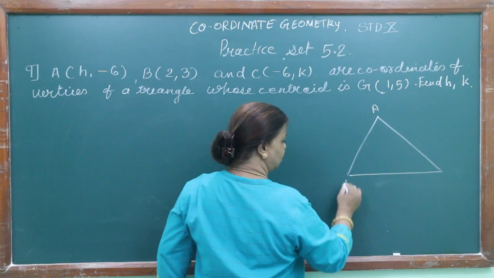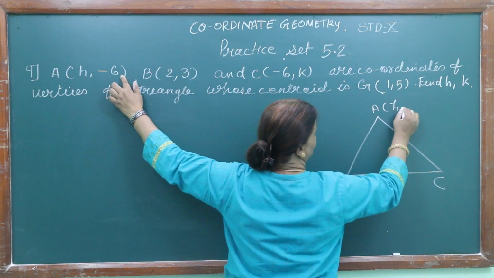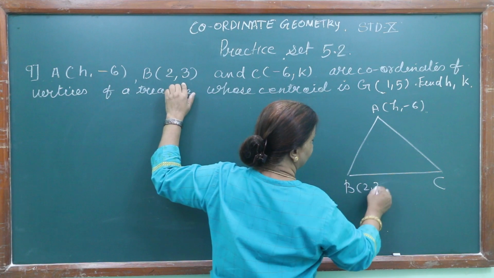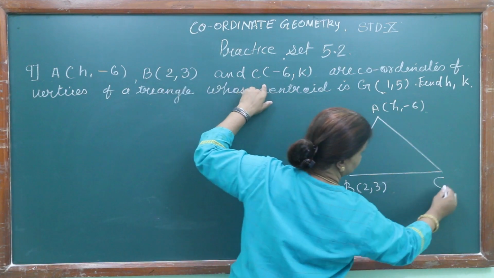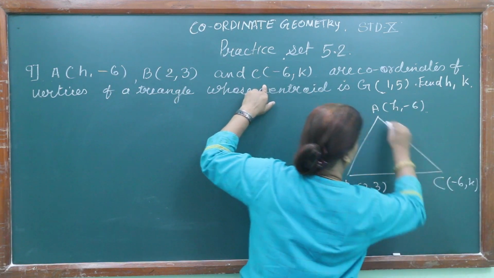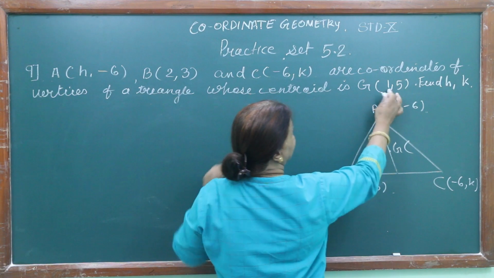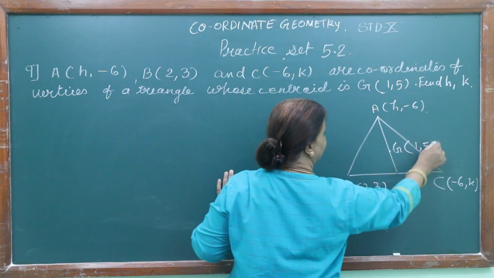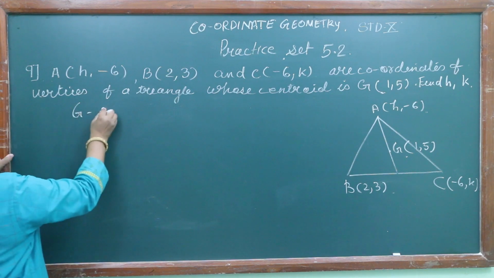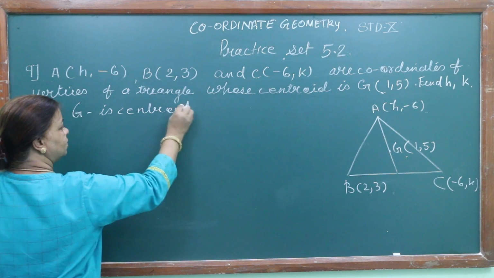A, B and C. A is h comma minus 6 and B is 2 comma 3 and C is minus 6 comma k. And here is the point G whose coordinates are 1 comma 5. G is the centroid given, children. Let me write G is centroid and it is given.